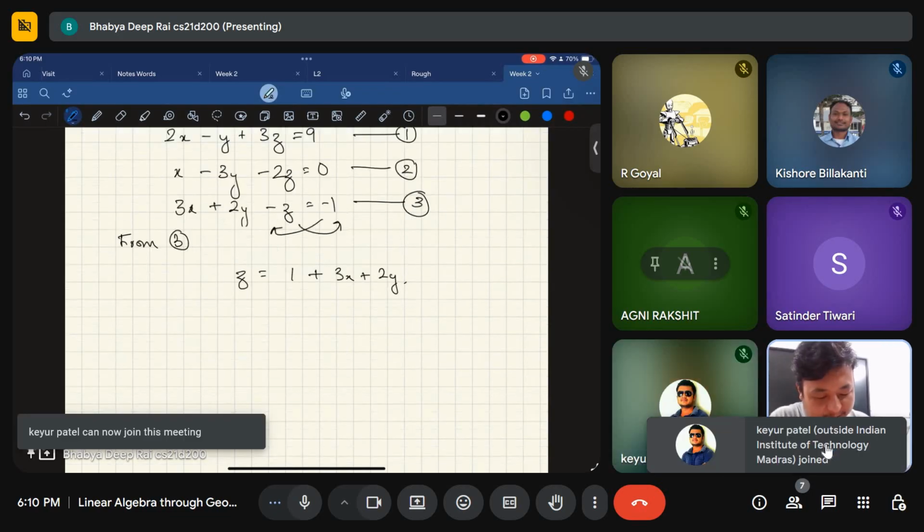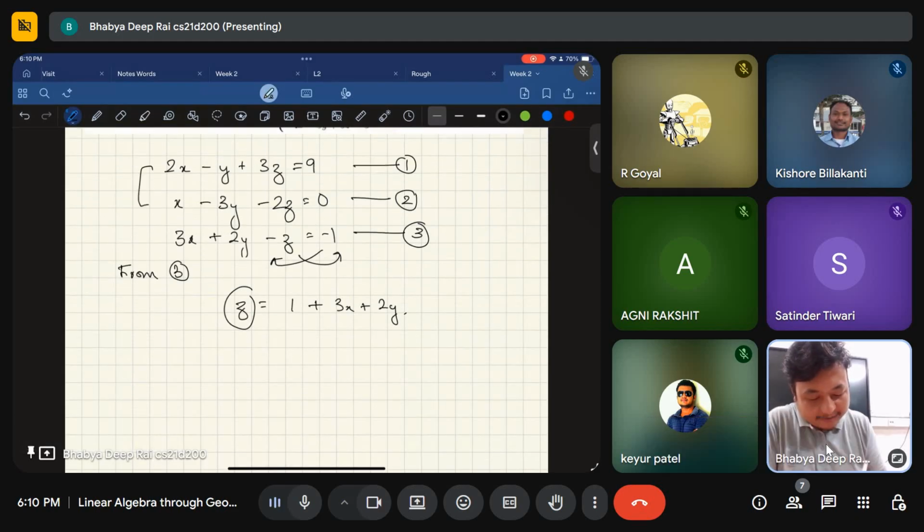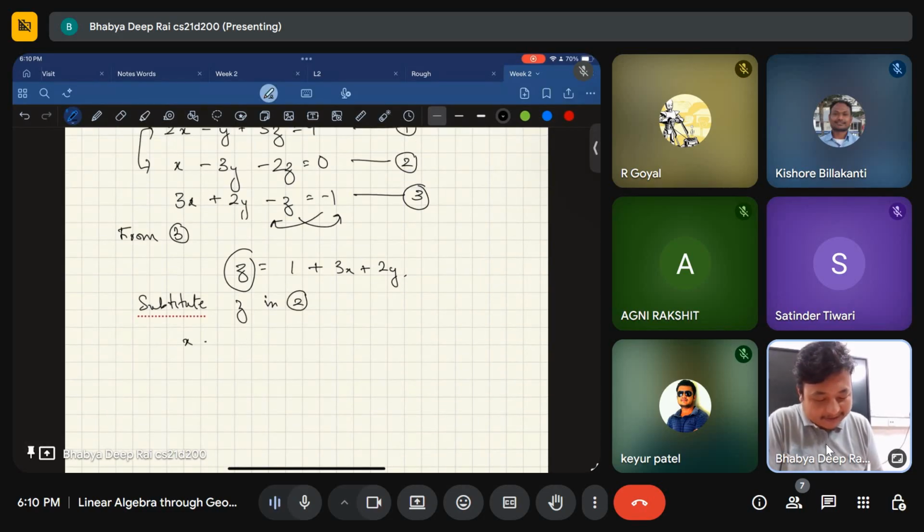Now I substitute this z into one of the two other equations, either one or two. Let's say I substitute z in equation 2. Then what do I get? x minus 3y minus 2 times 1 plus 3x plus 2y equals 0.